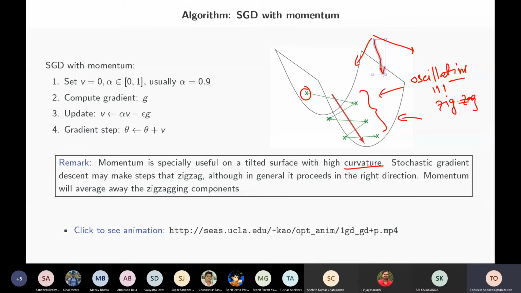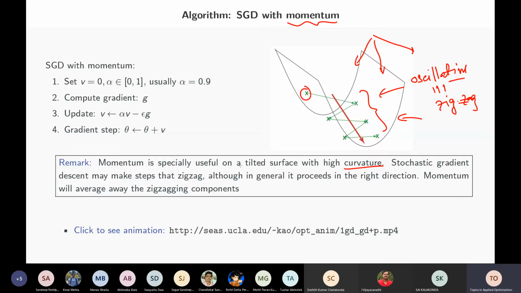That will be the average direction that I want to go. This way I maintain some kind of average, and then I don't oscillate too much. That was the idea behind momentum: on very oscillatory function surfaces, especially those generated by neural networks, you may want to use momentum to prevent this oscillatory behavior.